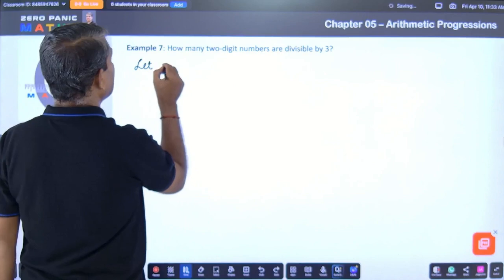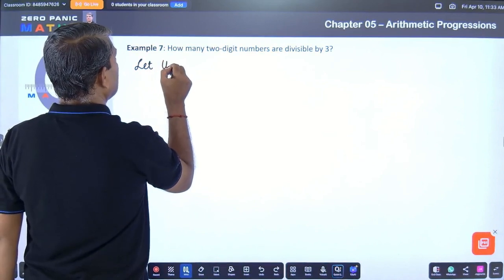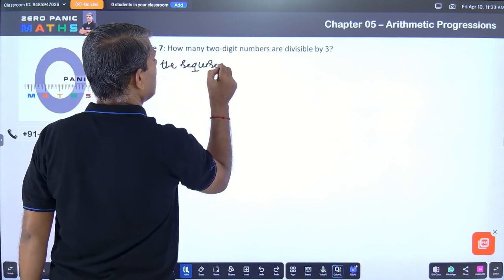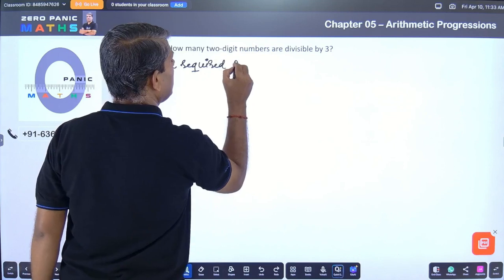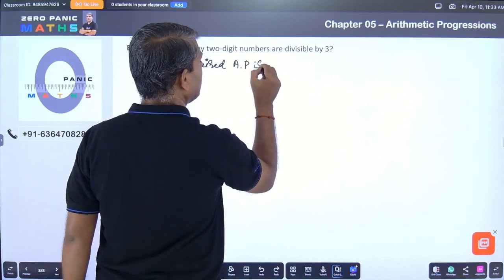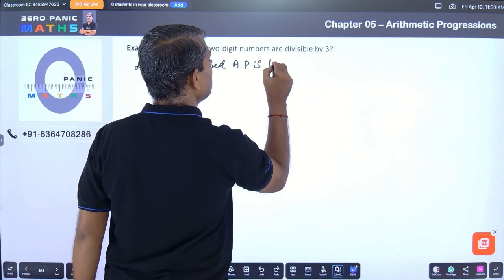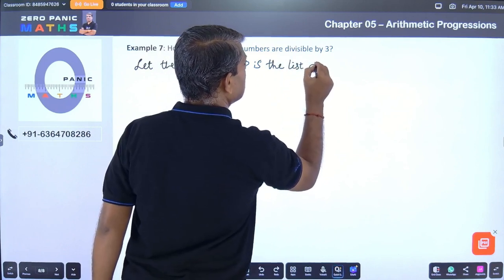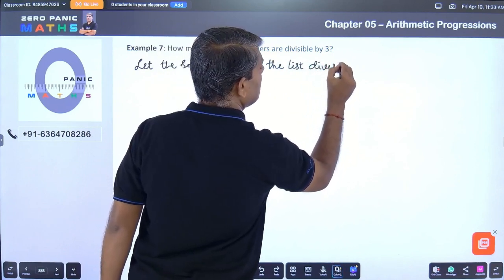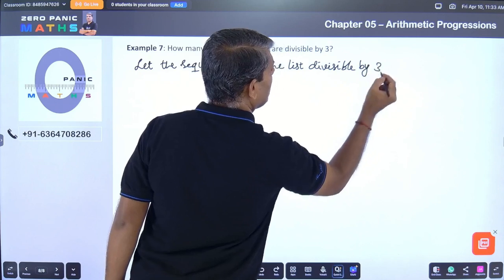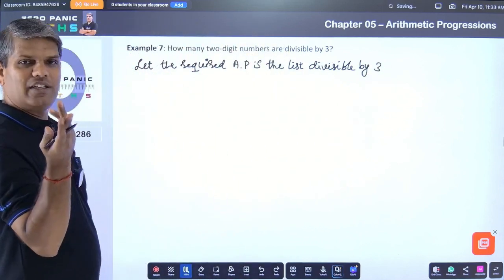Let the required AP be the list of numbers divisible by 3.